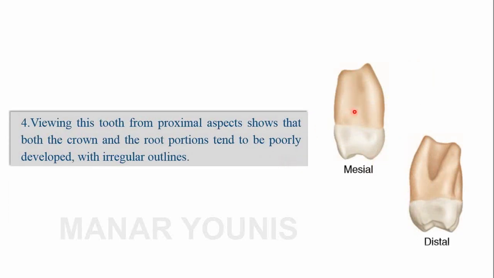Viewing this tooth from proximal aspects, whether mesial or distal, shows that both the outlines of the crown and the roots are poorly developed and irregular, with more of the occlusal surface seen from the distal compared with the mesial due to the shorter crown length distally.